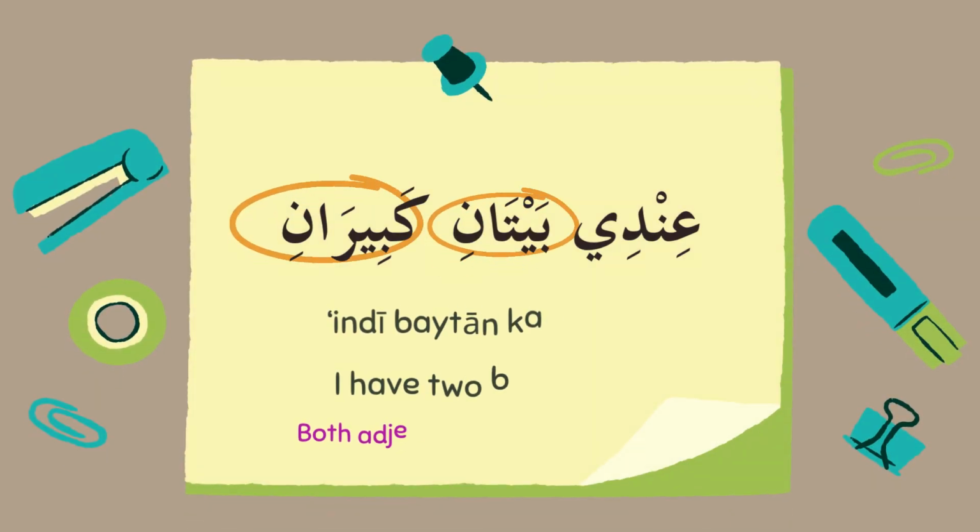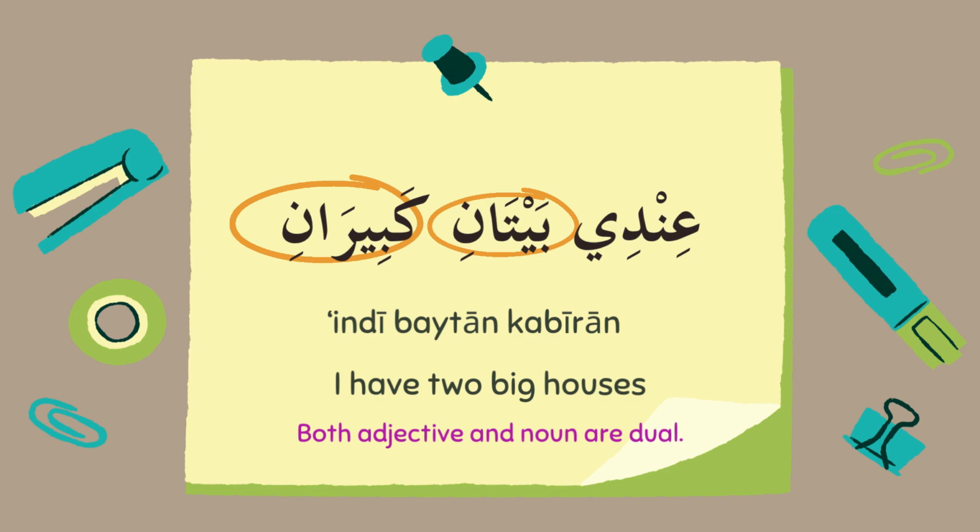Alright, now let's look at two houses. If we have the phrase Indi baitani kabirani, which means I have two big houses. Let's see which one is the noun. Here, baitani is the mausuf or the noun.